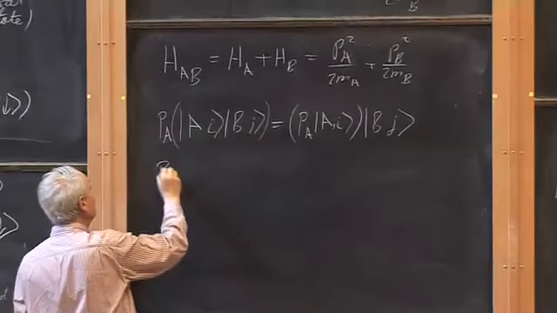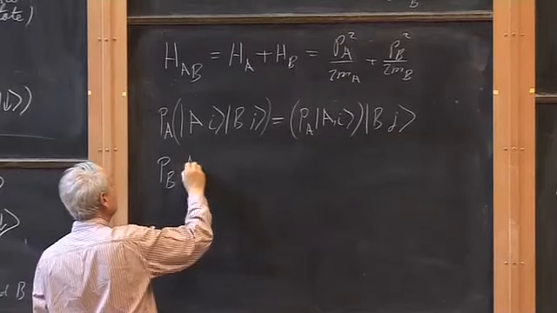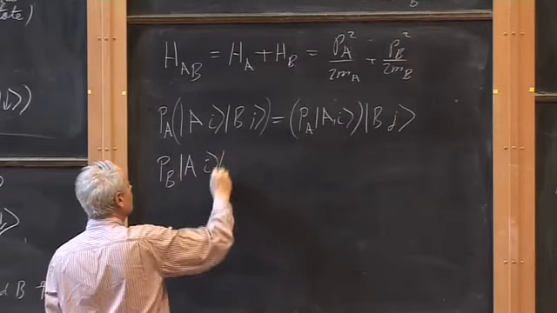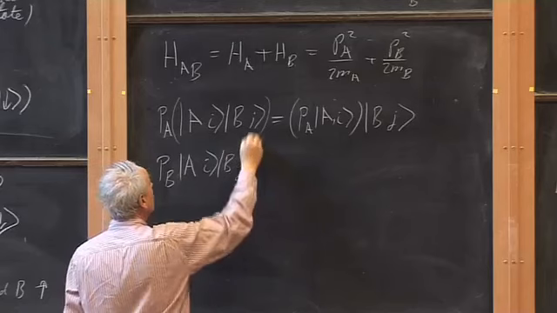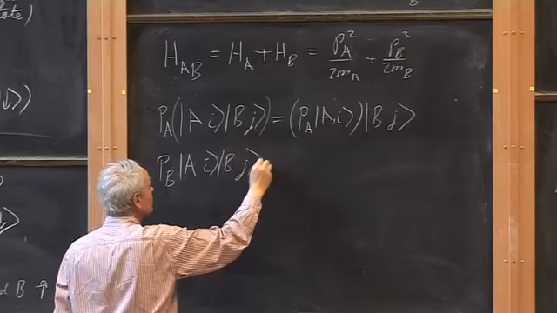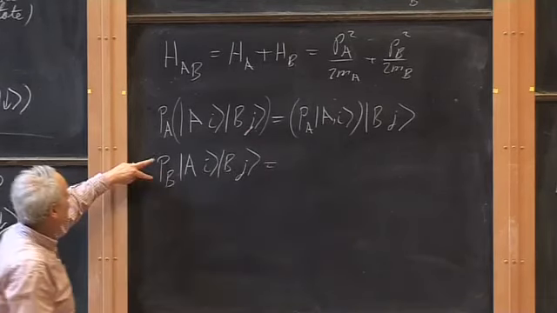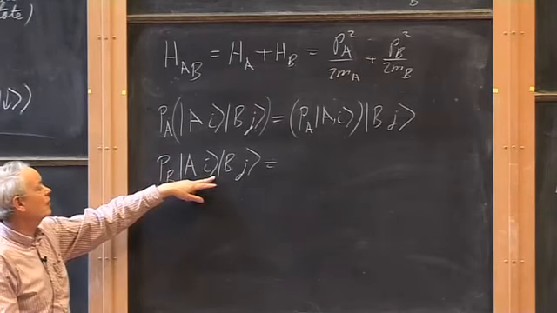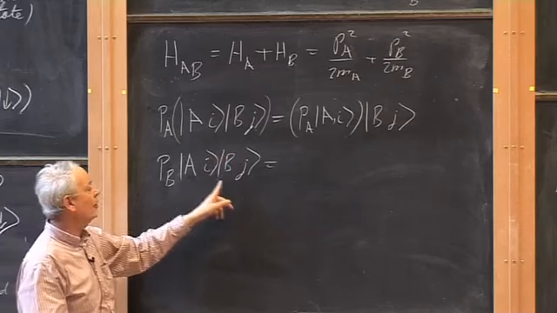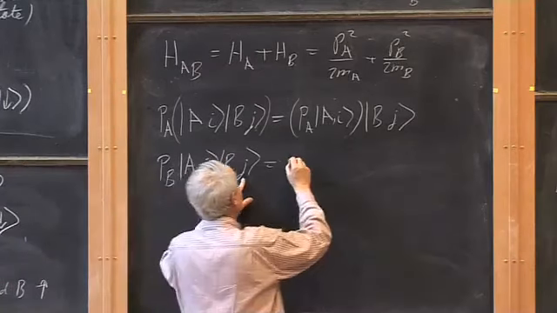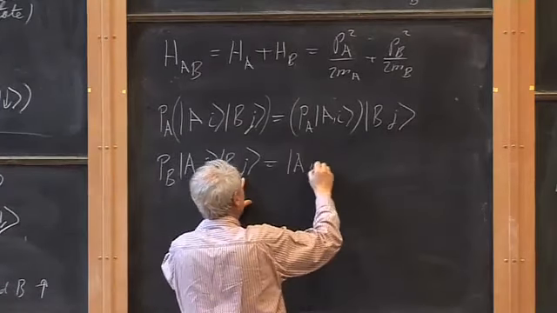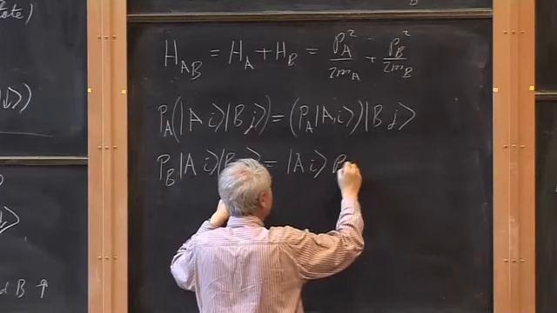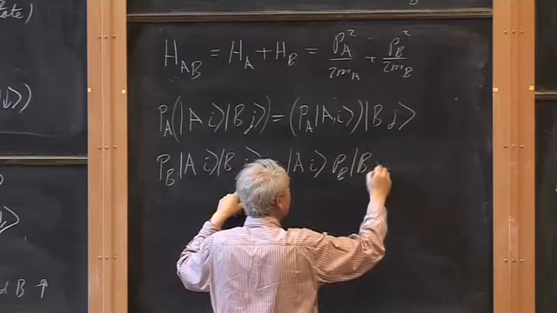If PB works on this thing, PB ignores this. It passes through this as if PB was just an ordinary complex number and homes in on this, its target. So this is simply A_i times PB B_j.